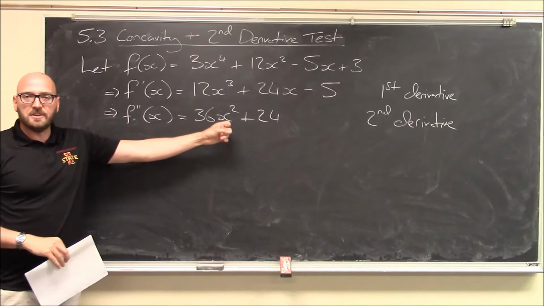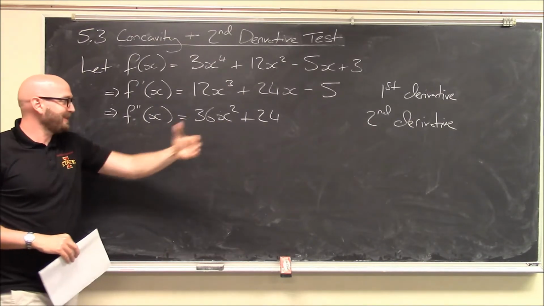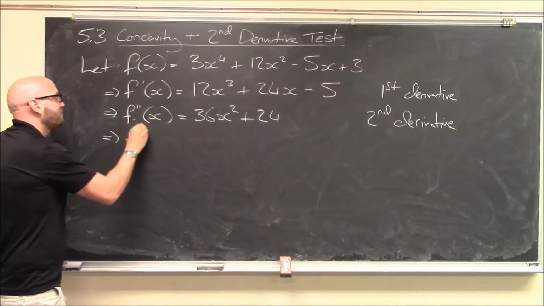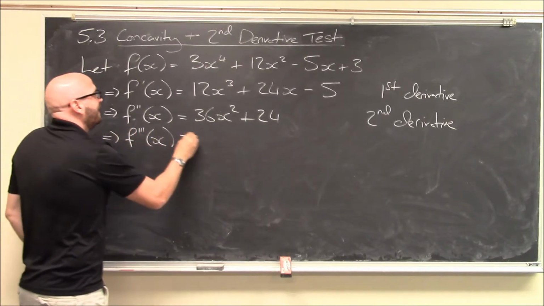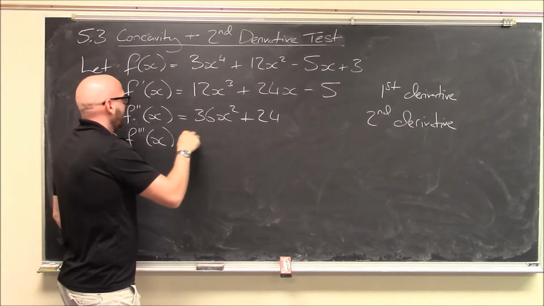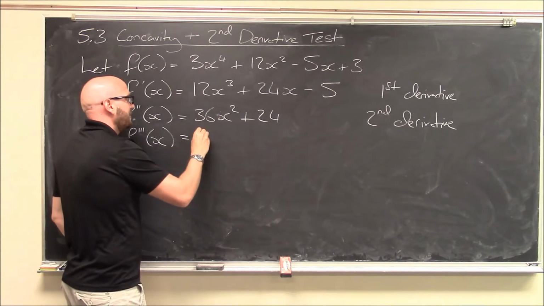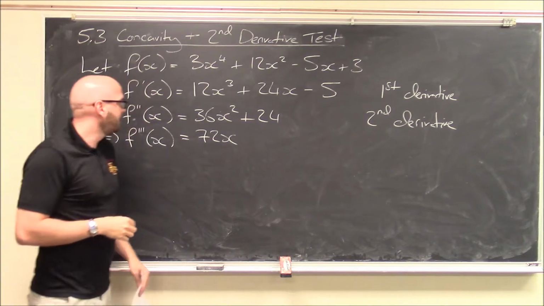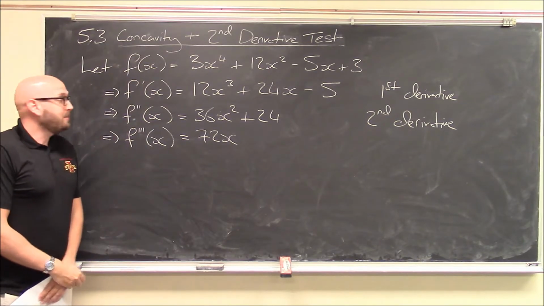Well, hold on, this is a function. What do I do with functions? I differentiate them. So how about I differentiate this again? What do we get? We get the third derivative. It's f triple prime. So derivative of this guy is 36 times 2 is 72x plus 0.